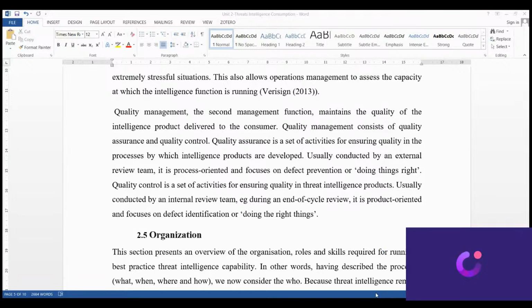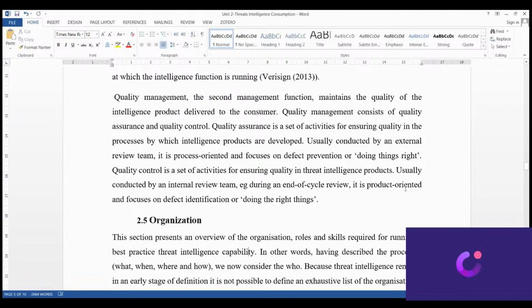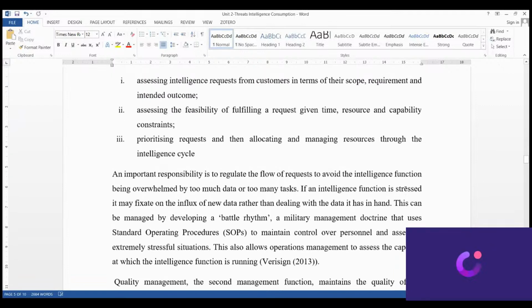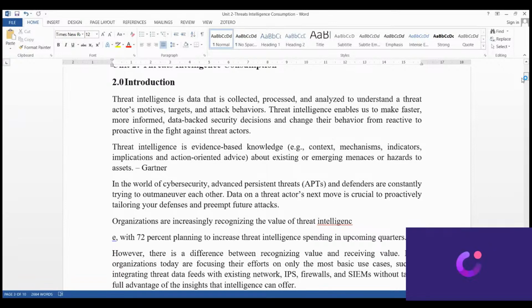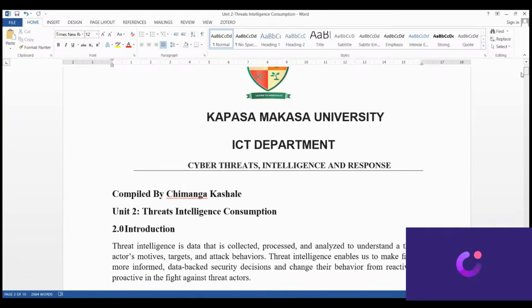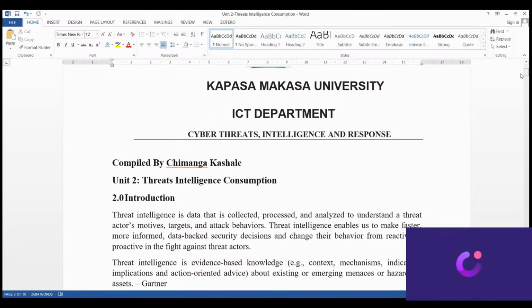We're trying to continue where we ended. We started our other units, where we're looking at threat intelligence consumption.